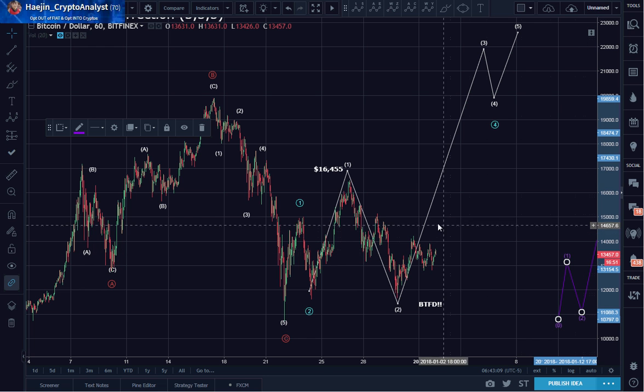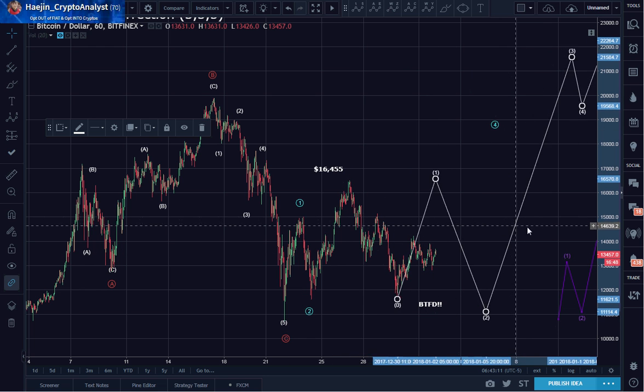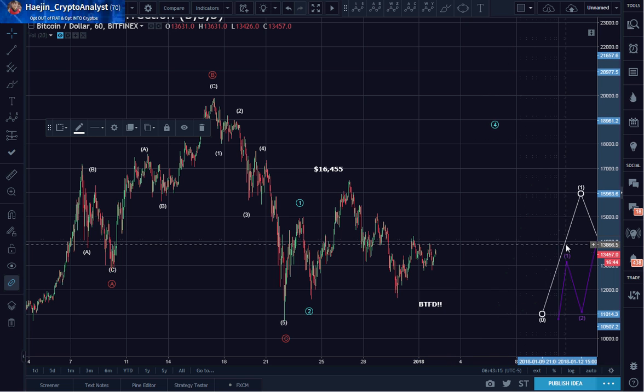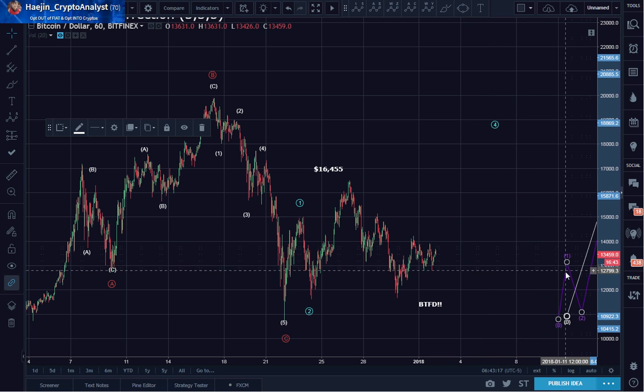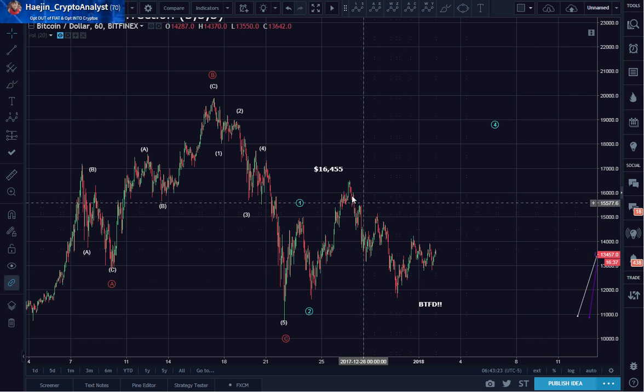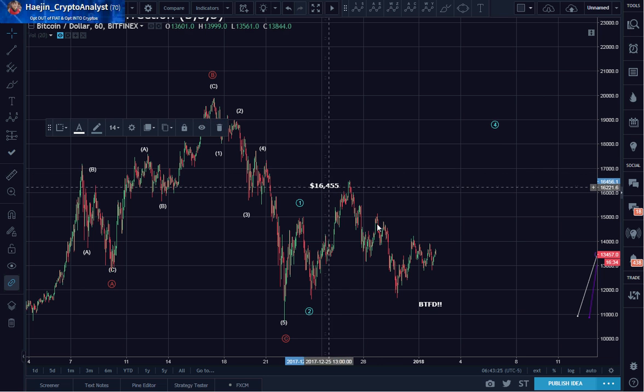So let's do some chart surgical removal, temporary removal of the Elliott waves that I had put down. And I want to draw some lines.